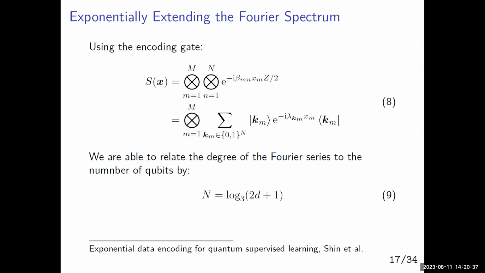So it's at best up to like 3 to the n. In the examples we used, it was 2 to the n. So if you had 2 qubits, you'd have 2 to the power 2 terms in your Fourier series.